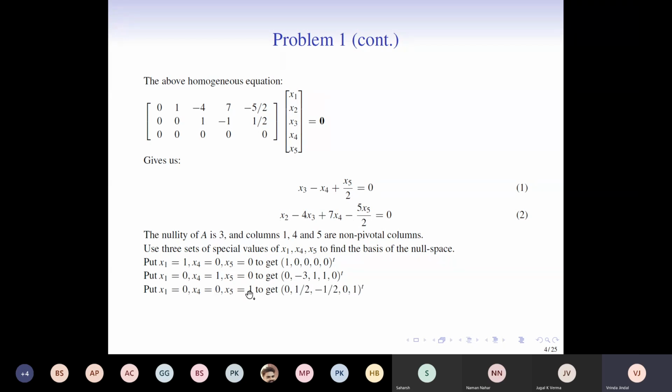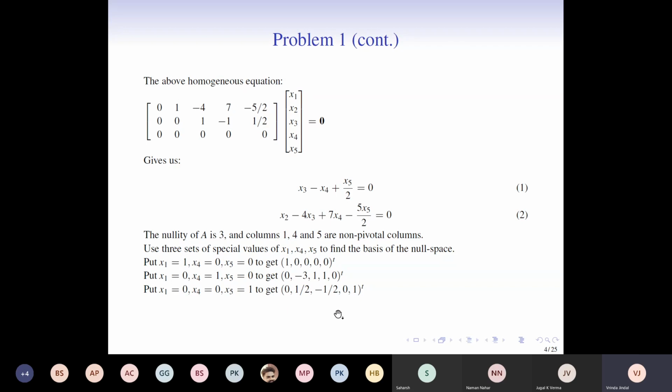And the third vector is similarly calculated by putting x5 as 1 and x1 and x4 as 0, and then when we solve equation 1 and equation 2, we get this vector 0, half, minus half, 0 and 1, the transpose of which gives us a 5-dimensional vector. The nullity of A was 3, and now we have got 3 vectors that represent the null space, they form the basis of the null space of A.